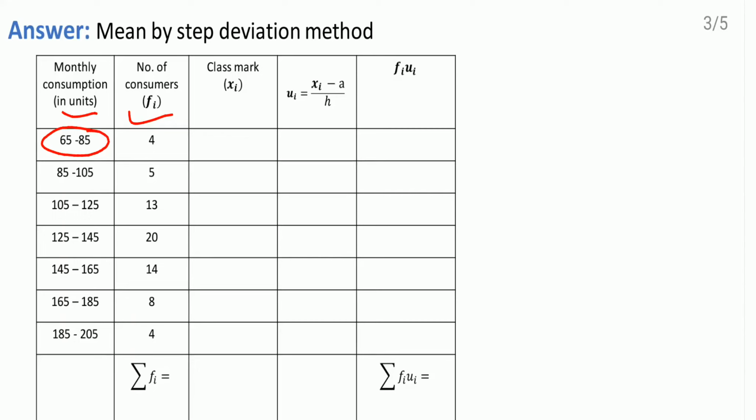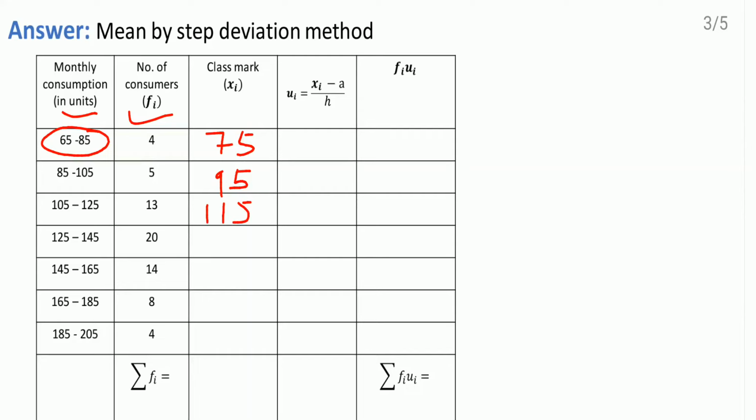So 65 plus 85 divided by 2 comes as 150 by 2, which is 75. Now the next one is 85 plus 105 by 2. If we do it, we get 95 here. Then here 115. Look at this one, here also you can see the difference is 20.